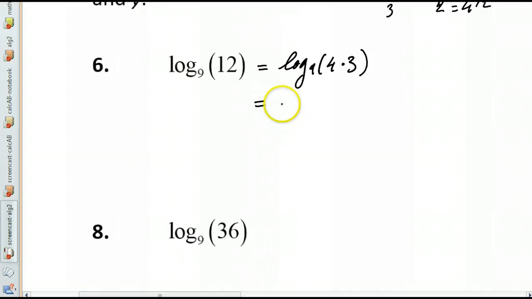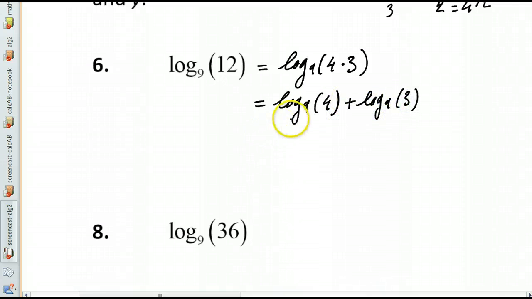What can I do with that? Well, that's a log base 9 of 4 plus log base 9 of 3. Okay, 4, I know what it is. That's x. Now, the log base 9 of 3, I don't know that. That's not given, right? Still, I'm okay with 3, because 3 is a square root of 9. Here, let me write it.